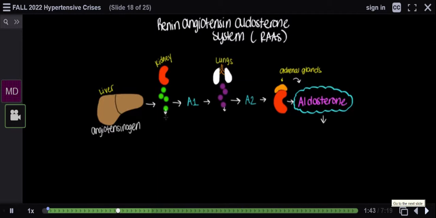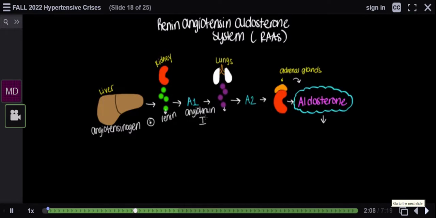In response to that, the kidney is going to shoot out an enzyme called renin. Now, together, this enzyme renin and this hormone angiotensinogen react, and you're going to end up with angiotensin 1. Okay.